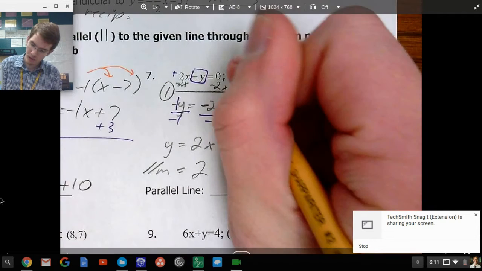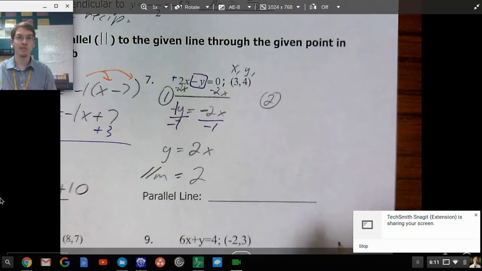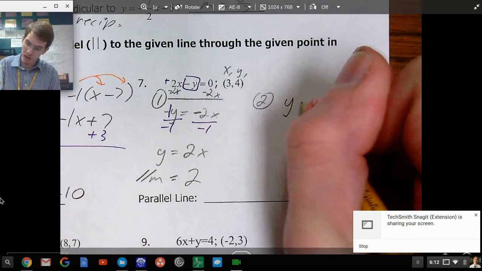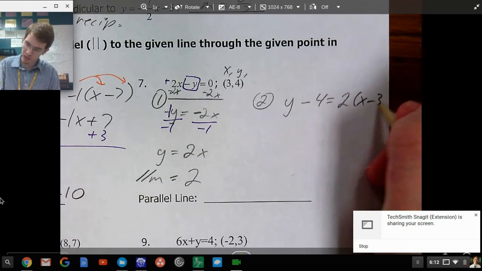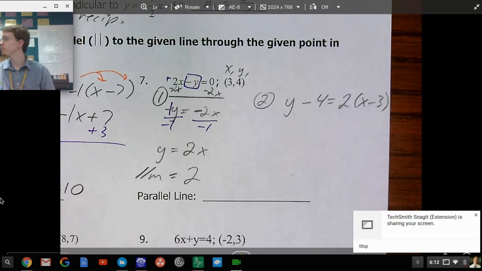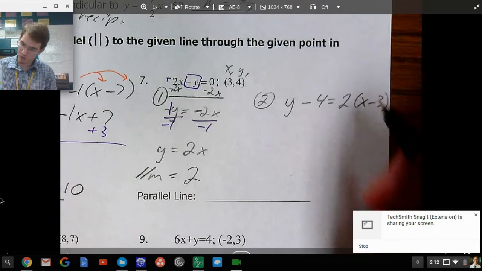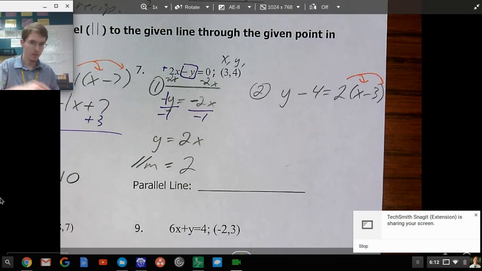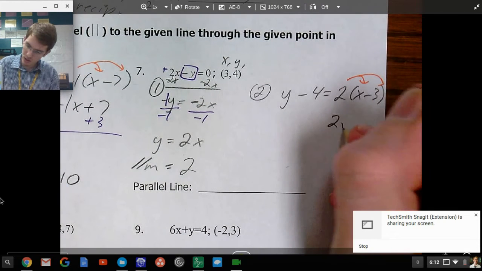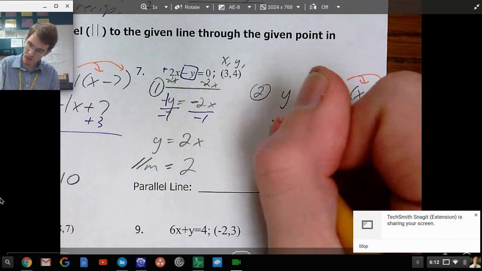So there's step 1, we get our slope. Step 2, x1, y1, back to point slope. So y minus 4 equals 2 times x minus 3. Okay, we need to distribute. So we get 2x minus 6.